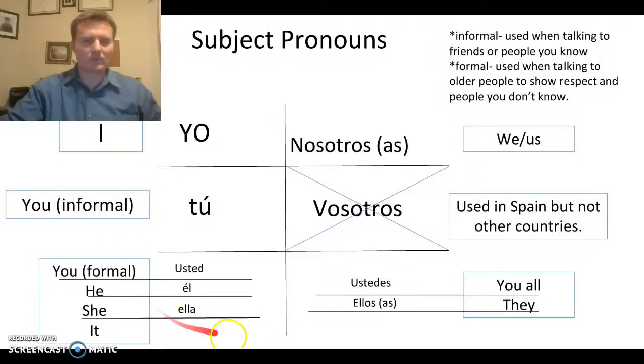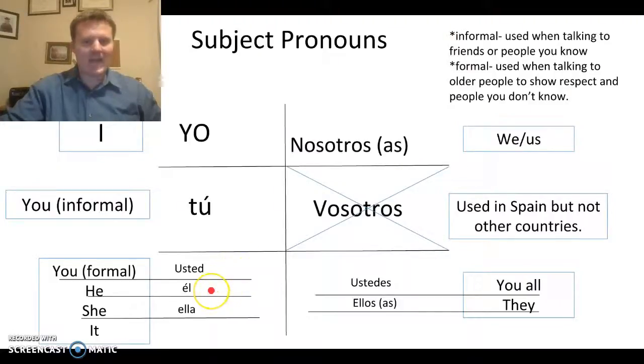So these subject pronouns become very important, especially in this area and in this area, because when you start to speak Spanish and use a verb, you're going to want to include the subject pronoun, since these are going to be conjugated the same. For example, you've heard habla, usted habla, which is you speak.